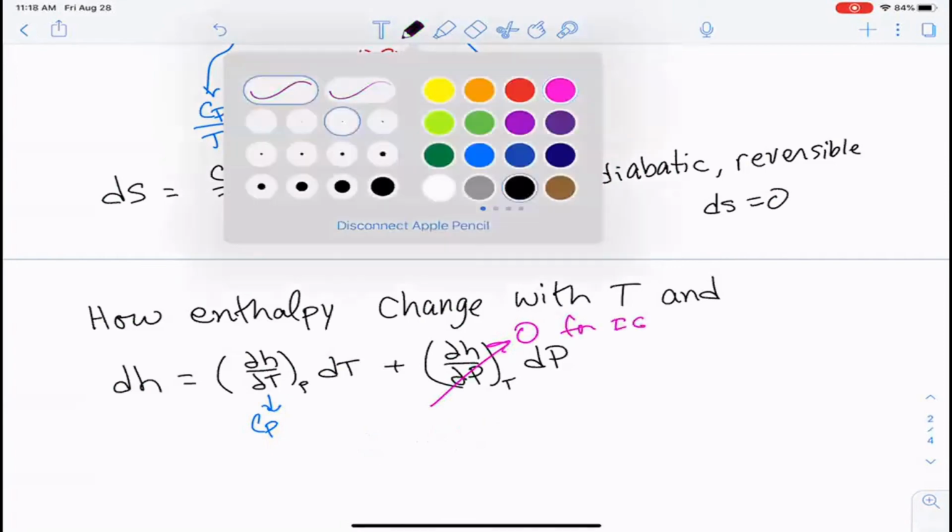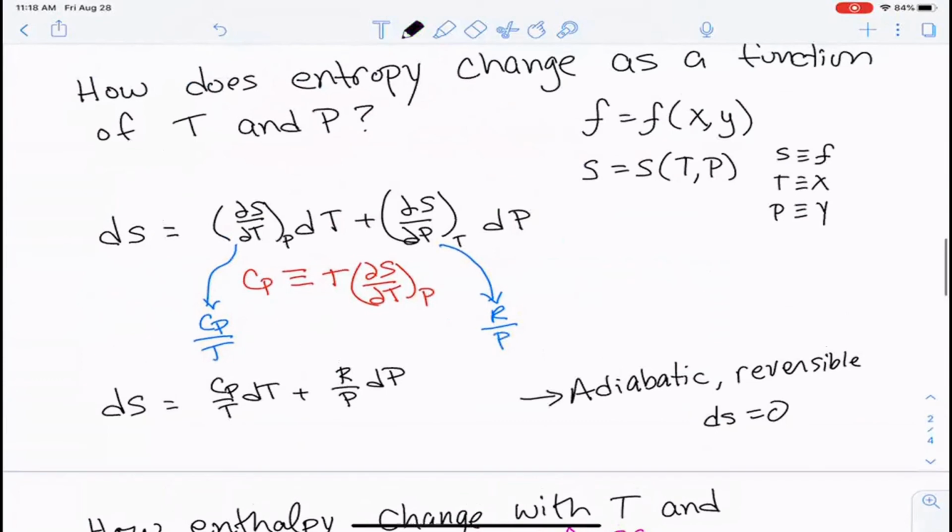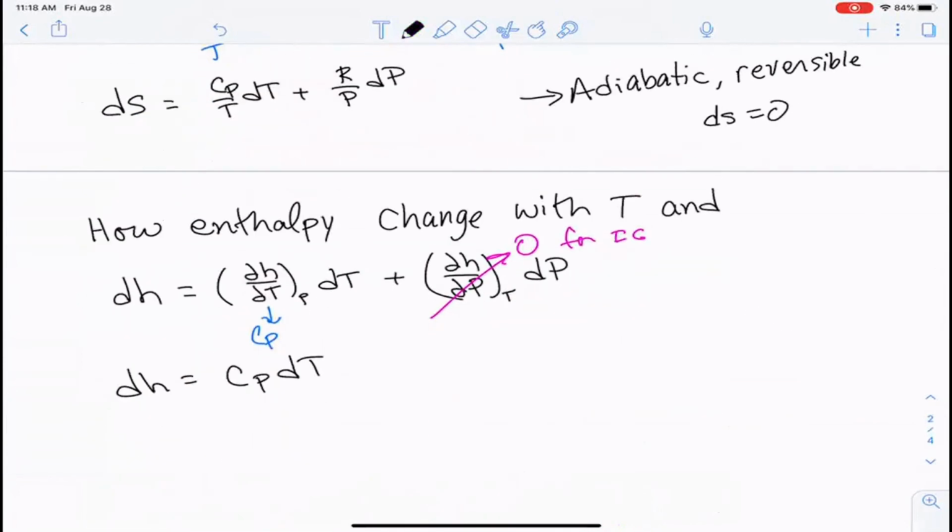And where we end up, right, is that dH equals Cp dT. And in fact, I chose to define the heat capacity this way. Some people actually start by defining the heat capacity from here. And they're actually mathematically equivalent, but we won't show any of that.